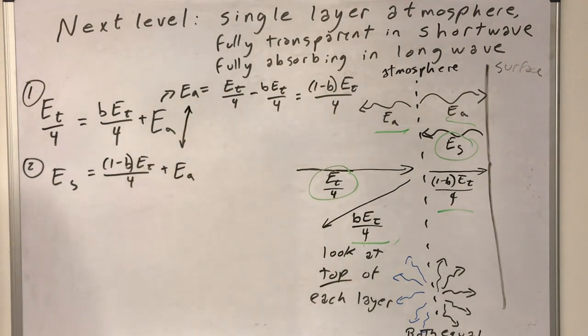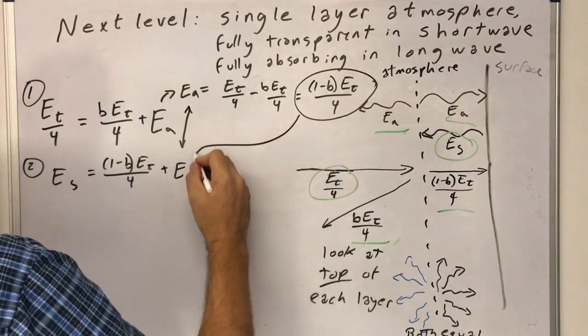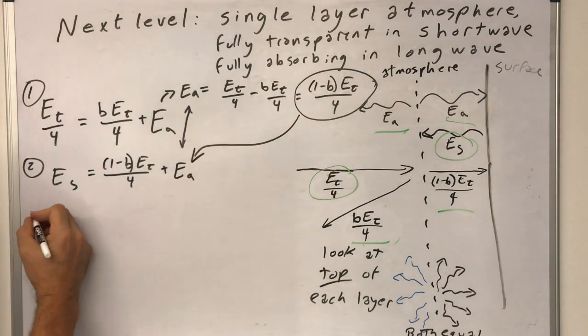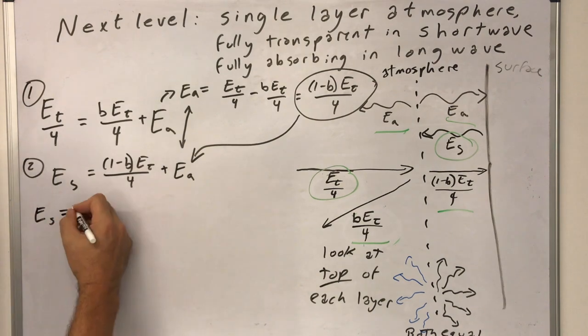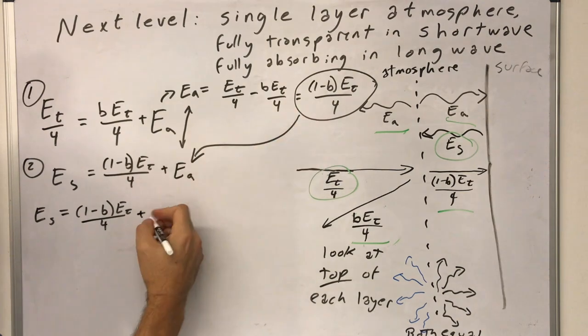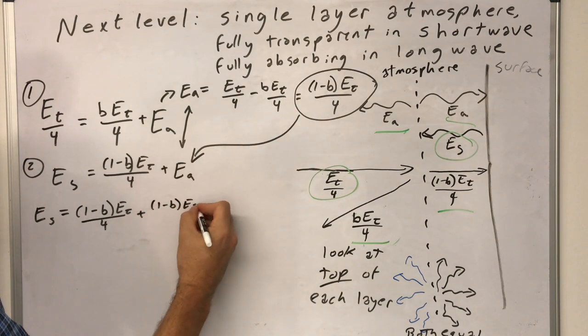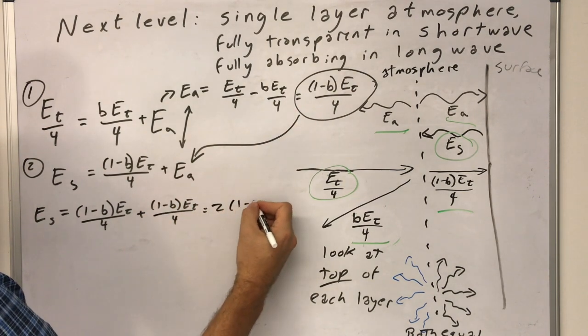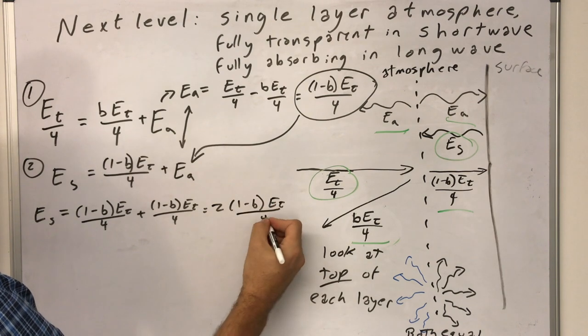We can now substitute this in for E sub a, and we get E sub s equals 1 minus b times E sub t divided by 4 plus 1 minus b times E sub t divided by 4. Well, that's just 2 times 1 minus b times E sub t divided by 4.